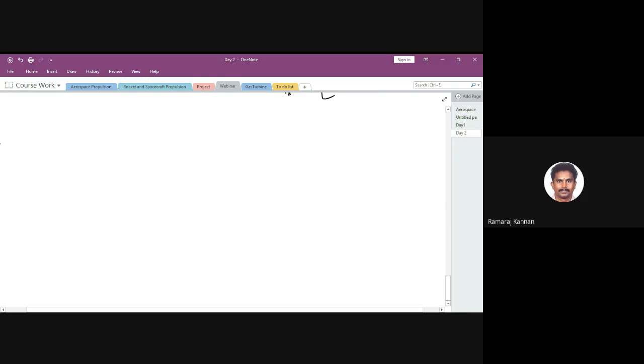Next we'll go ahead to the propulsion efficiency. Here what we define is that propulsion efficiency is related to the thrust power to the kinetic energy of the exhaust jet.